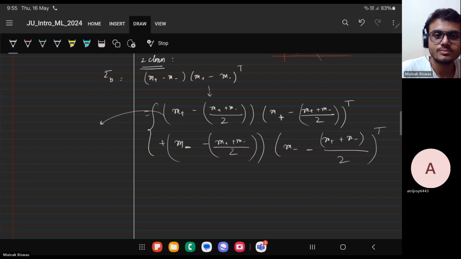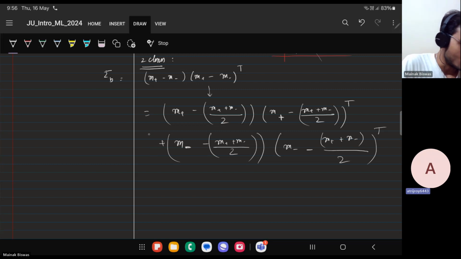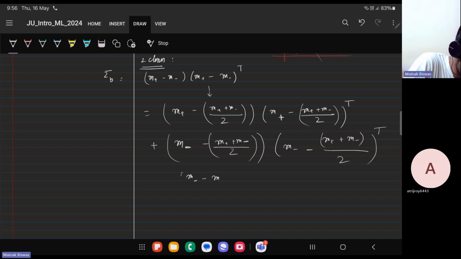Any issues? Yes, I was facing some network problem. So this is, do you agree, the same thing? I can write it 2 times. Yes, as difference, so this is also m plus, m minus, m. So if you write this, you will get m minus m plus by 2 m minus.